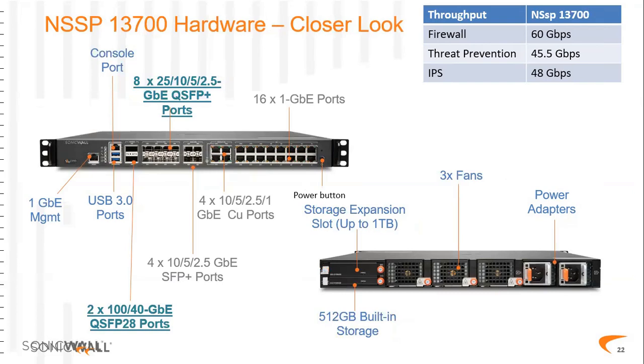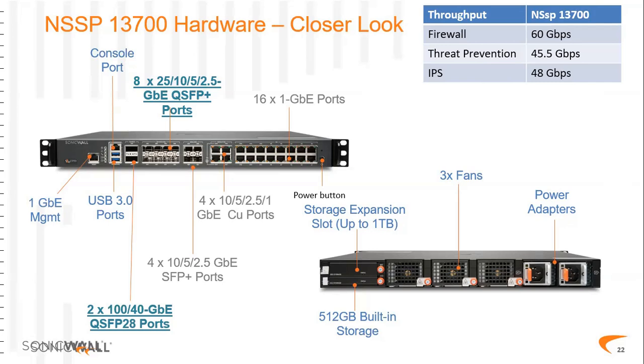So this is the NSsp 13700, the highest spec in the NSsp series. They provide 16 ports for 1 gig, and 4 ports for 10, 5, 2.5 or 1 gig copper. And then 4 ports for 10, 5, 2.5 SFP+ ports.